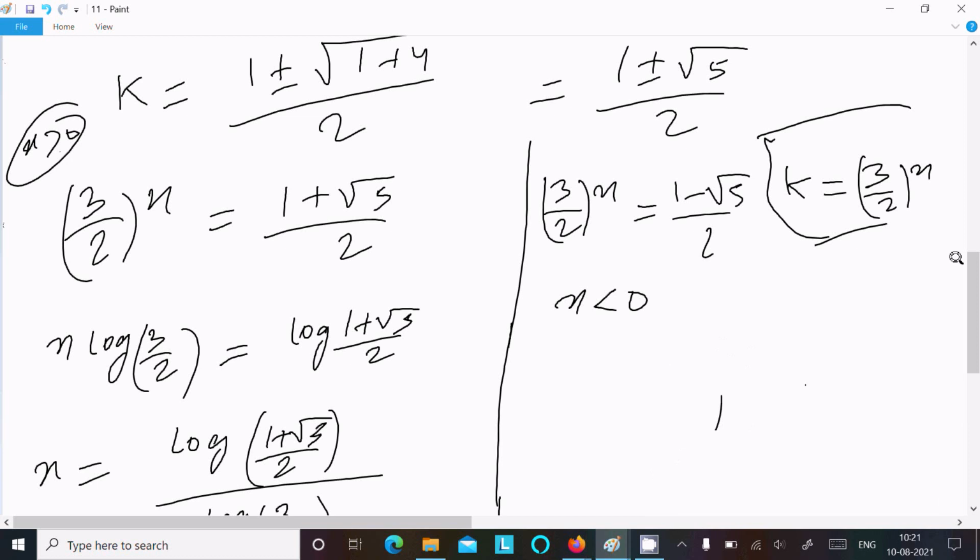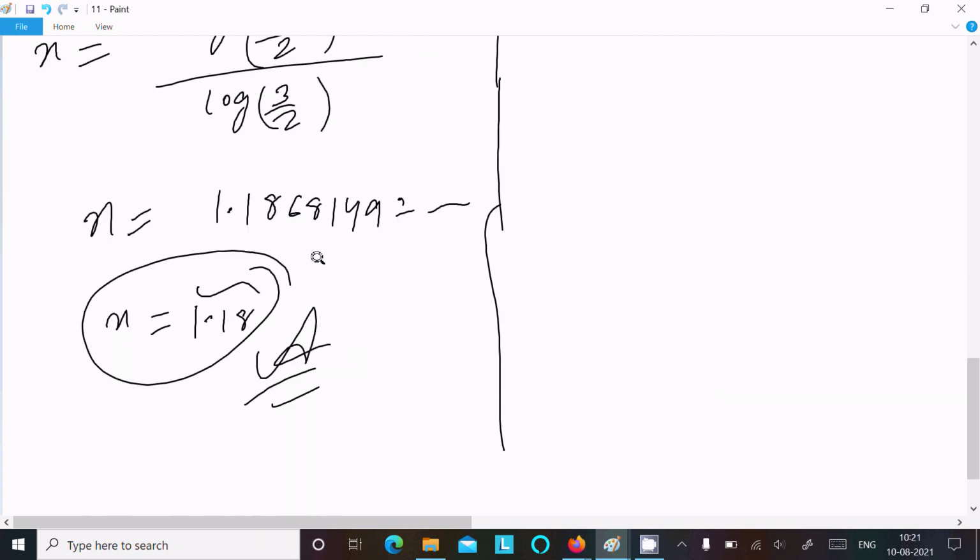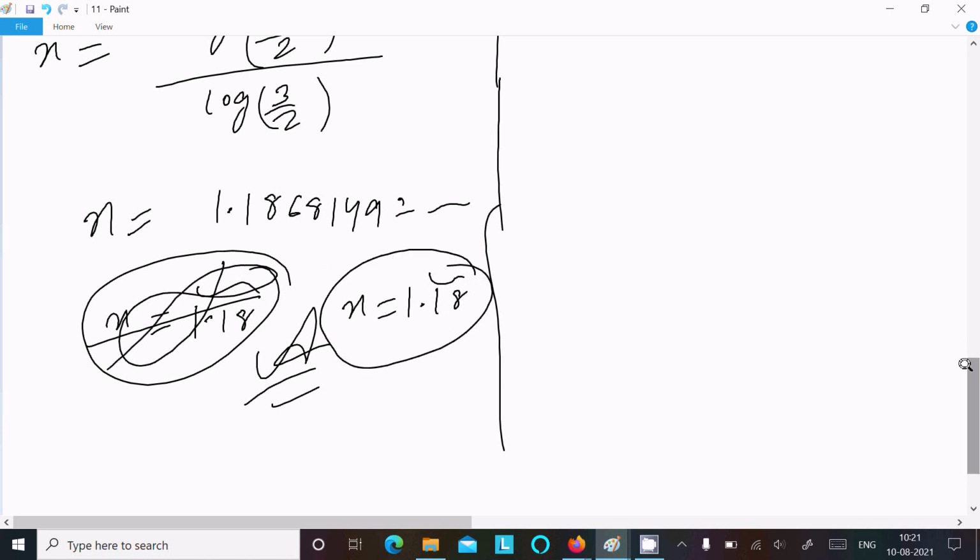For x greater than 0, use the calculator, then you can get this one. So you should tell the answer x equal to 1.18. I made a mistake there: x equal to 1.18, not 1.8. So this is the answer. So this is the way we can solve this equation.